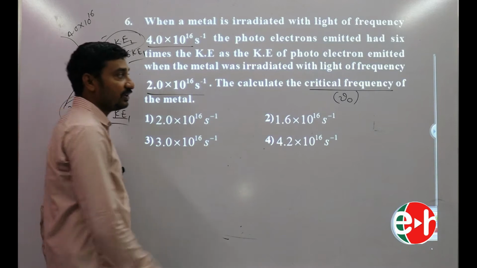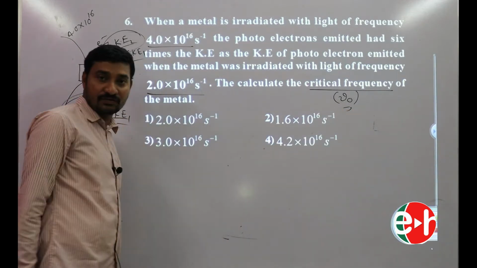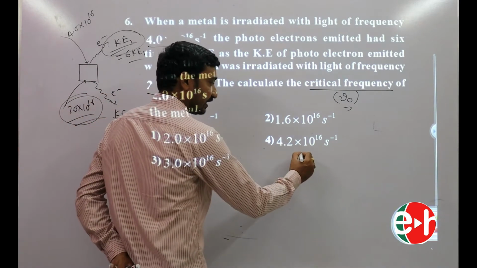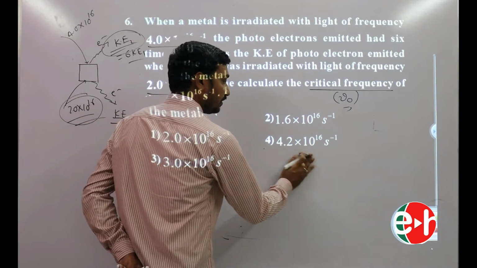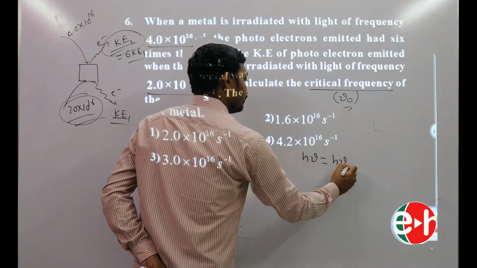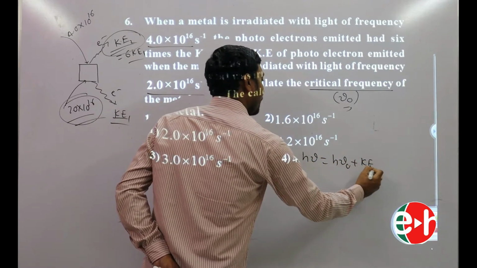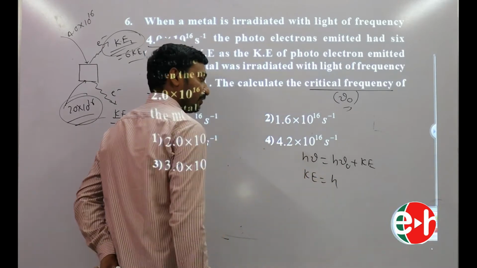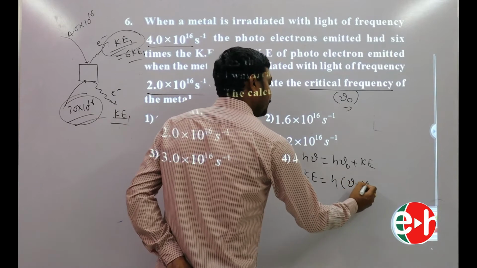Now what we have to find? Critical frequency, nu naught. So what is the equation? Photoelectric effect: h nu is equal to h nu naught plus Ke. Therefore Ke is equal to h into nu minus nu naught.